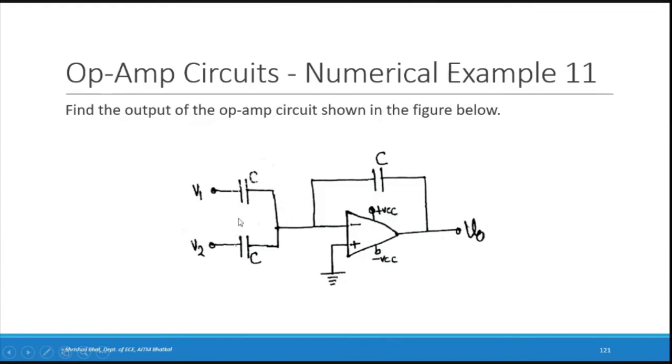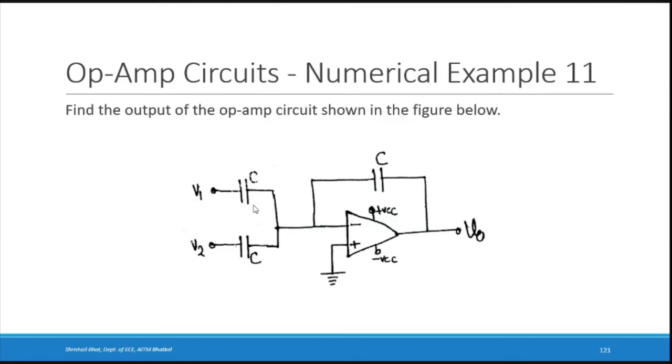Whenever there is a capacitor, what is the current through the capacitor? The current through the capacitance C here will be I1, here I2, and here let it be IF. What will be I1? As we have seen while discussing circuits with a capacitor, the current through a capacitance is the value of the capacitance multiplied by the rate of change of voltage across that capacitance.